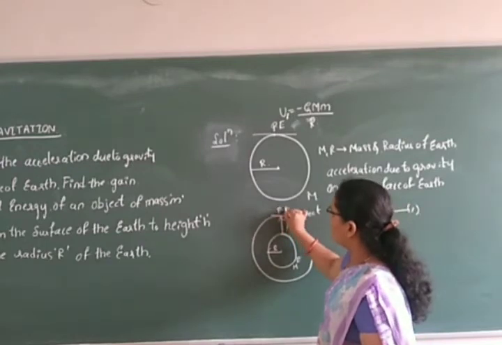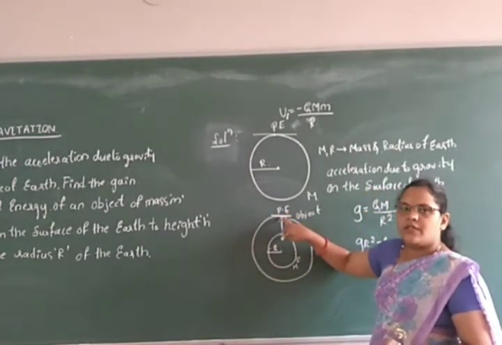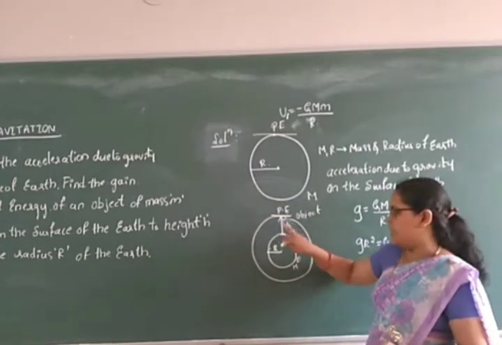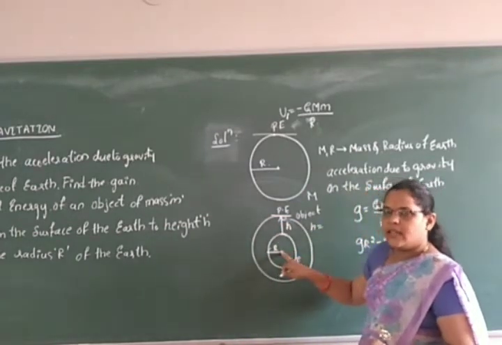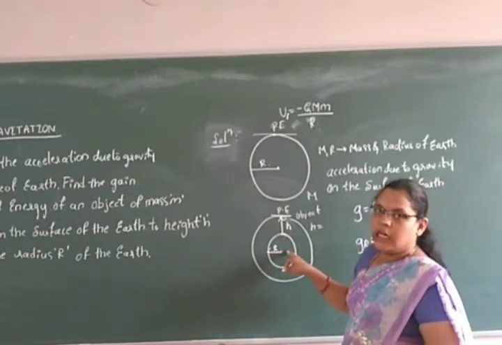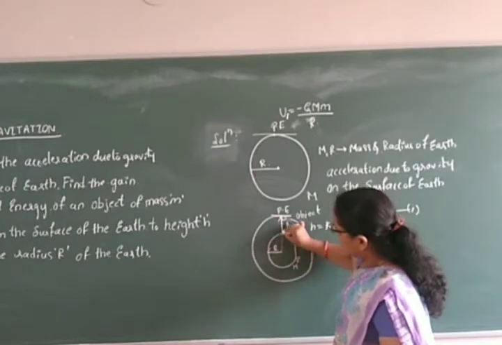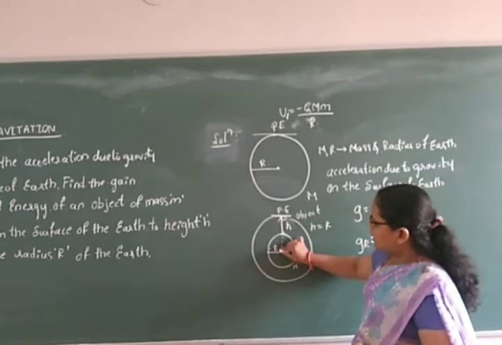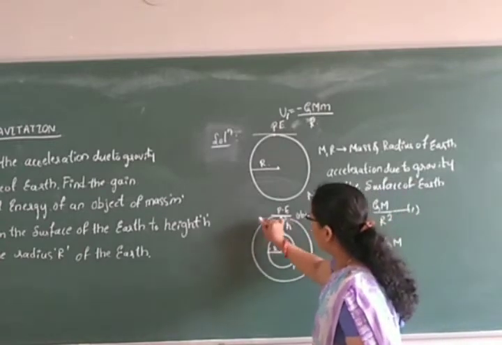Here we have to check the potential energy of the object which is raised from the surface of the earth to a certain height, and that height is equal to the radius of the earth. So this distance totally becomes R plus H.